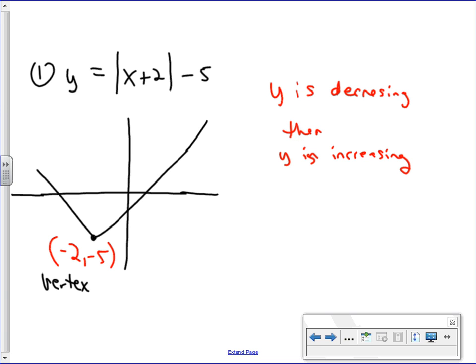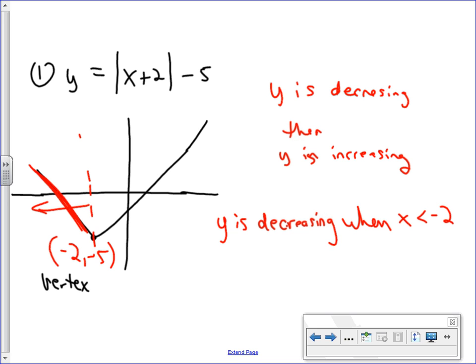This is the way you're going to write it. Y is decreasing, and you're going to say the word when, X is to the left of the vertex. Y is decreasing, and the X values are to the left of the vertex. All of these points right here have X's that are left of the vertex.